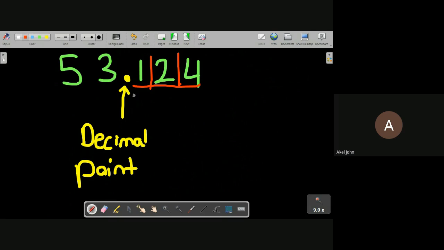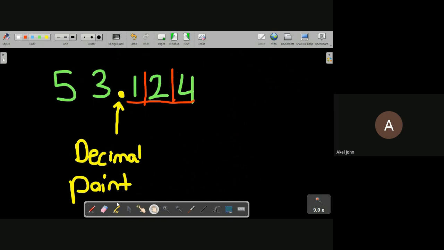So if I was to ask you how many decimal places this number has, there would be 3 decimal places. As you can see, 1, 2, and 3. 3 figures, 3 numbers after the decimal point. And this is how we count decimal places.